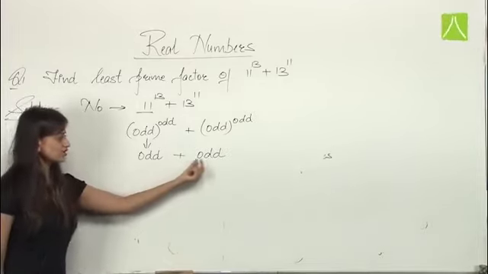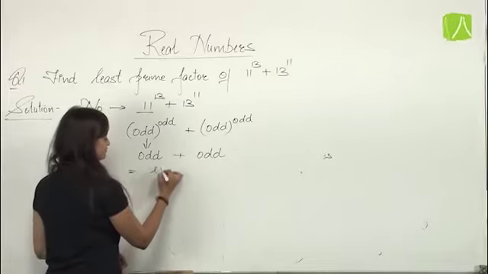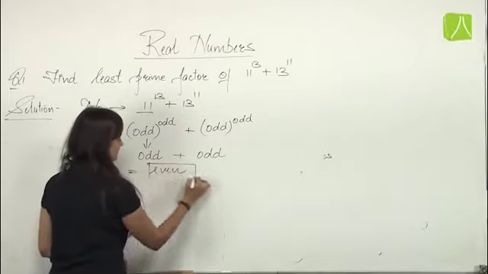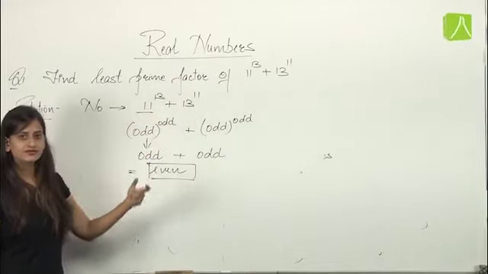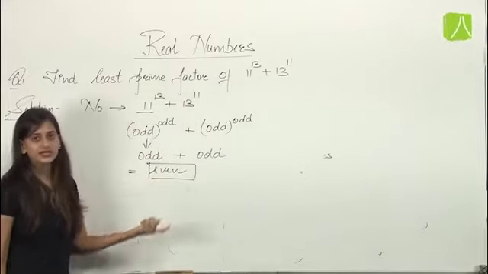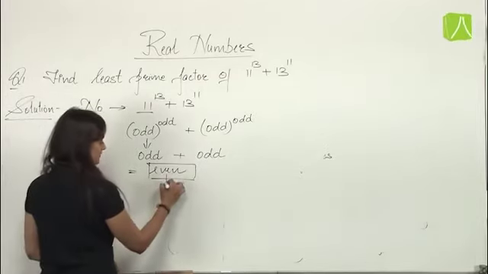We just read that odd plus odd is always an even number. So 11 power 13 plus 13 power 11 will be even. And as we know, an even number has factor 2.